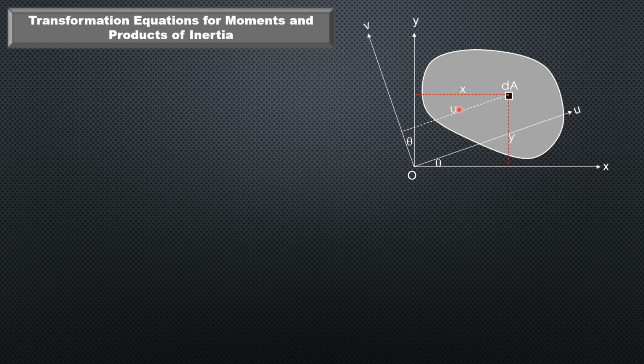This is u, from dA to the v-axis, and from dA to the u-axis is v on the other hand, and this is also theta, the measure of that angle. Then this is y, and because this is theta, therefore the length of this is y times sine theta as shown.